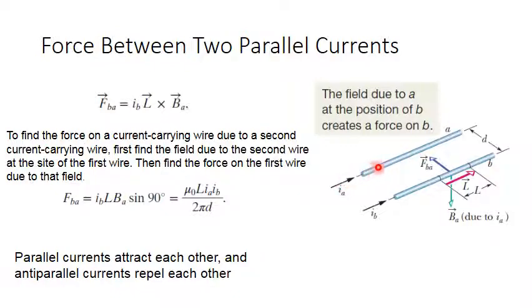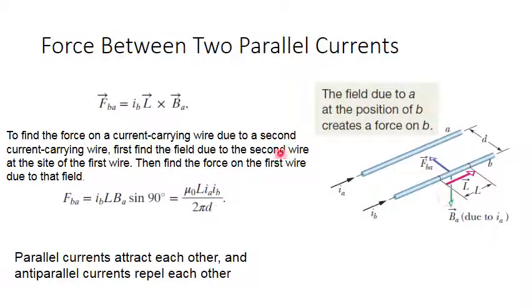So let us assume that the current in A produces a magnetic field BA on the wire B, and the wire B has a current IB.